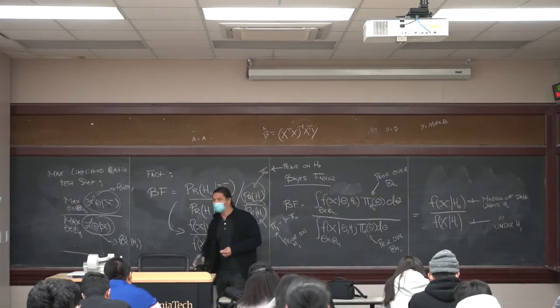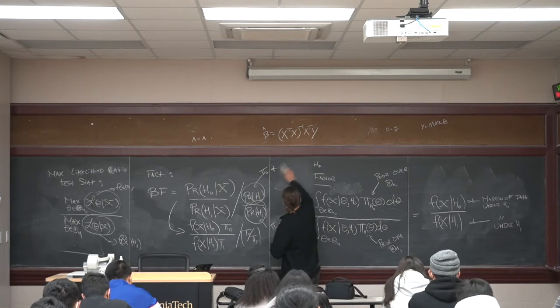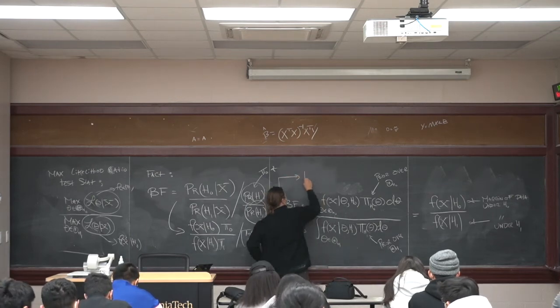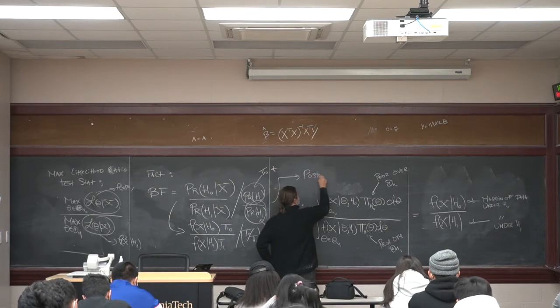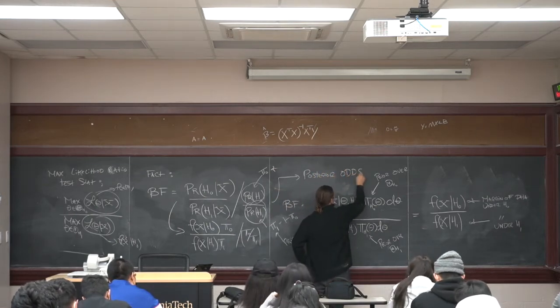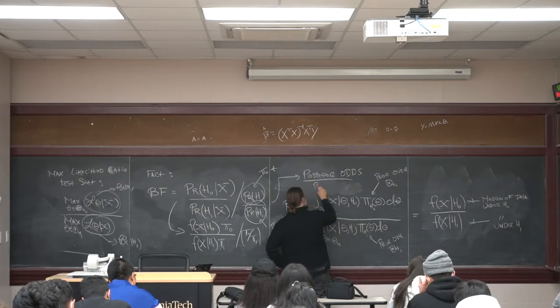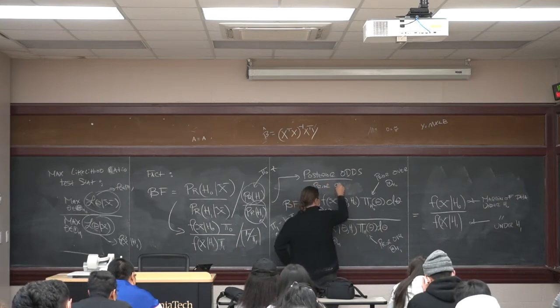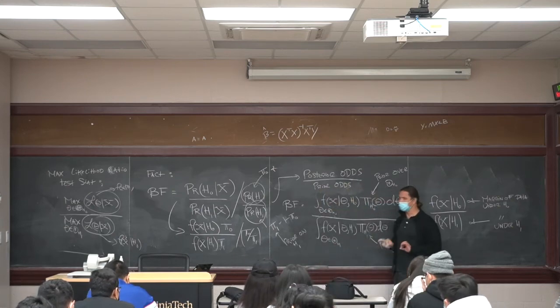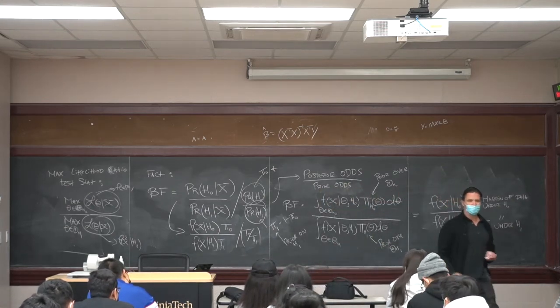It is that. Let me just say that. So this is going to be the posterior odds divided by the prior odds. Again, when I use the word prior, I mean the prior on the hypothesis itself.